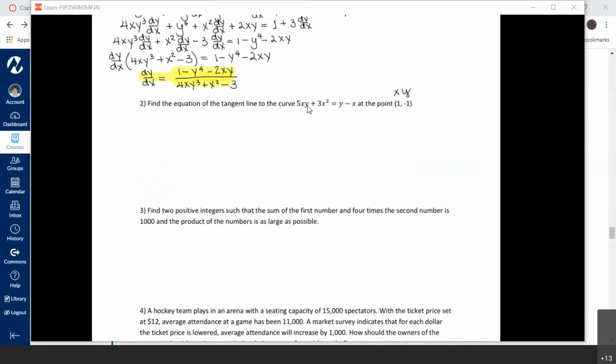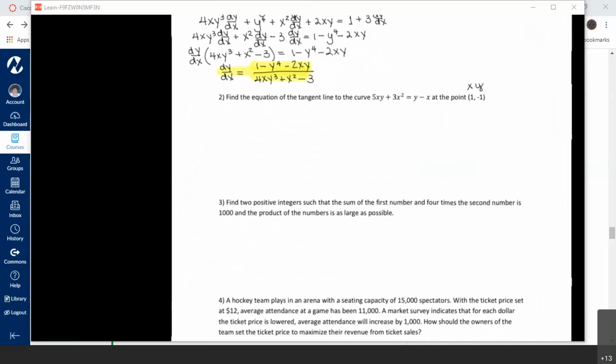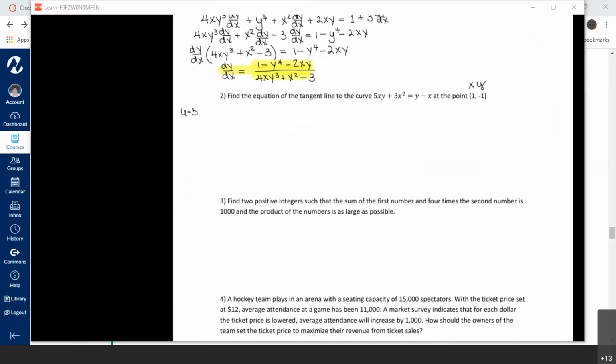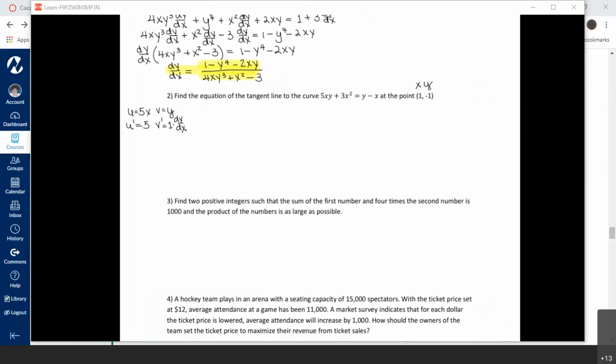Again, this is a product, so I'm going to start out by differentiating the product. I'm going to say let u be 5x, let v be y. That means u prime equals 5. V prime is 1 times dy dx. So there's my product rule.